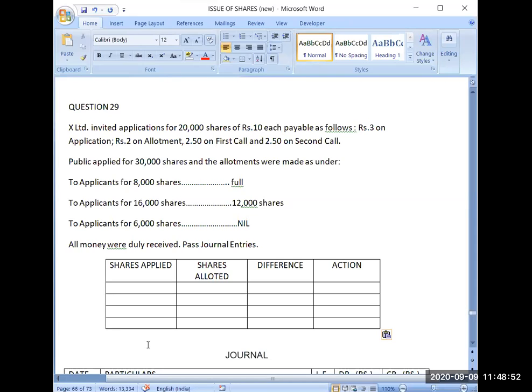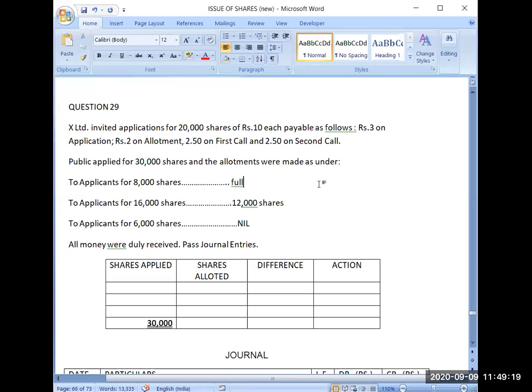So now tell me number of applications received. Yes, very good. So I will write as a total here 30,000. I have received total applications 30,000. Public applied for 30,000 shares.